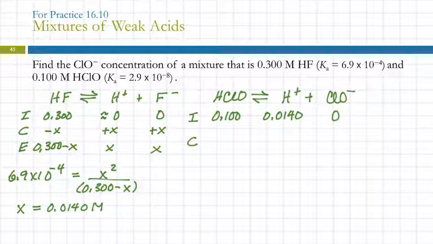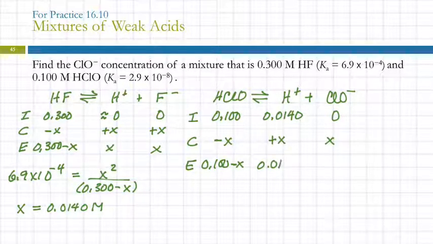So then we've got changes. We've got minus X, plus X, and X. We've got an equilibrium expression here, 0.100 minus X, 0.0140 plus X, and X. The acid ionization constant here is 2.9 times 10 to the minus 8.